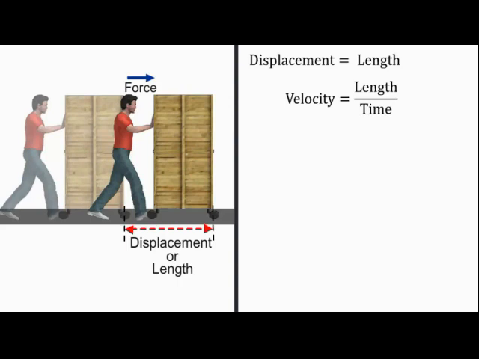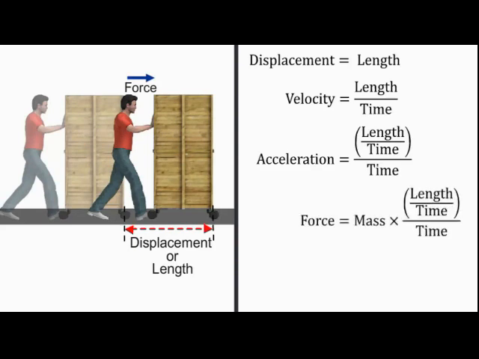Using the same logic, we can write acceleration as length by time divided by time. Thus, the expression for the quantity force can be simplified as shown. From the expression, it is clear that the exponents of mass, length, and time in the expression for force are 1, 1, and -2 respectively.